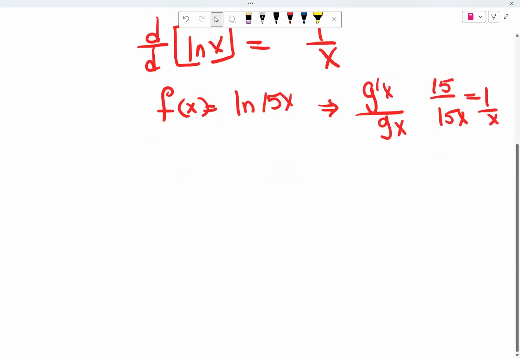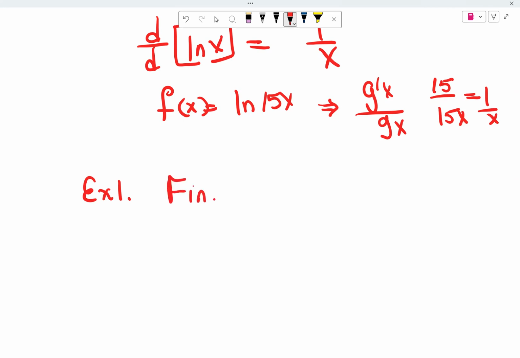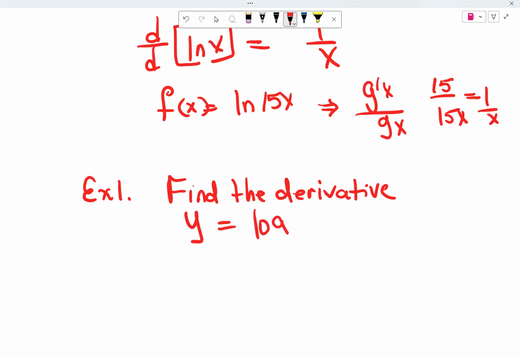So let me give you example 1 in the textbook. They ask us to find the derivative, and then they give us y equals log of x. And I want you to go back to your foundation concepts. I want you to remember that there's a little base 10 here we don't talk about very often.